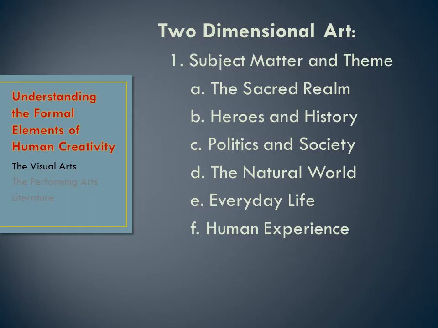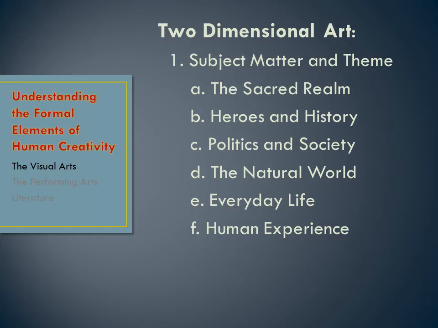Finally, the last area of subject matter is human experience. Art that is designed to communicate emotions and ideas about things that all of us experience: birth, death, suffering and pain, joy and celebration, our uncertainties about the future. Any of those kinds of things would be classed under the subject matter of human experience.